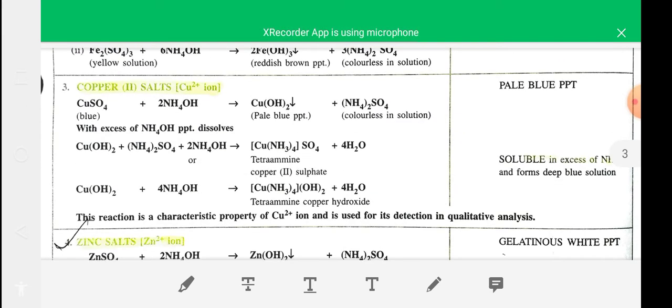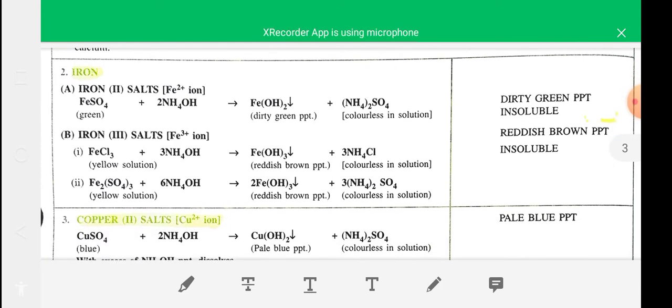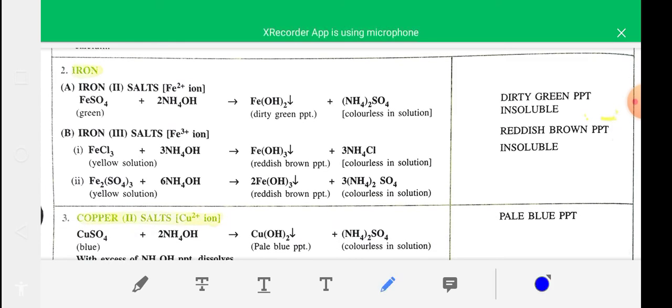Okay. Next, treatment of iron salt with ammonium hydroxide solution. When iron 2 salts like FeSO4 are treated with ammonium hydroxide NH4OH solution, you will get a dirty green precipitate of iron 2 hydroxide, Fe(OH)2, similar to sodium hydroxide.